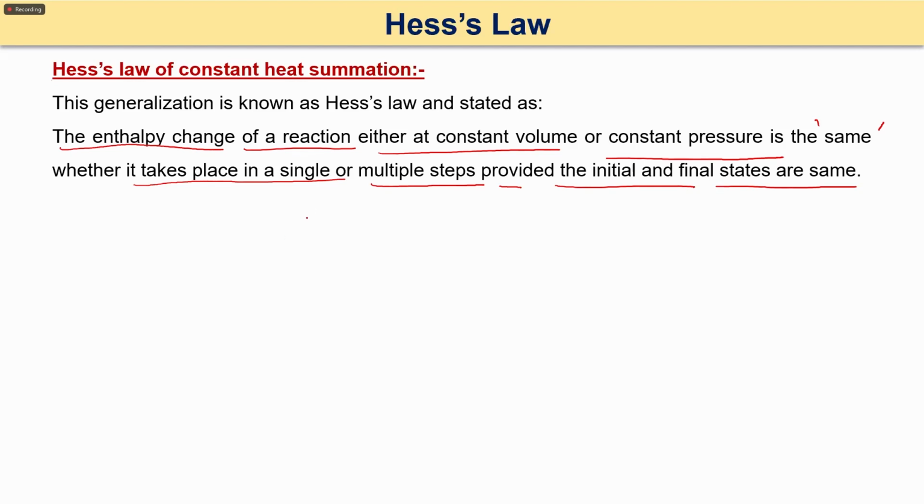Let's say you have a reaction happening at a constant volume or constant pressure. Whether this reaction happens in a single step or goes via multiple steps, the product will be the same. Let us say A is the initial state and B is the final state, and delta H is the enthalpy change here.